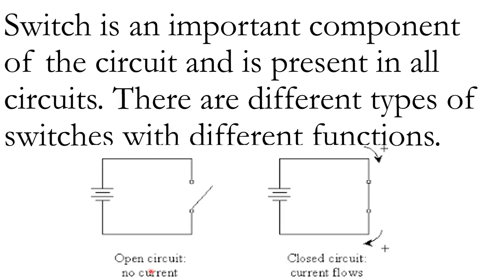One is when the switch is open, hence the current is not flowing in the circuit and it can be called an incomplete circuit. Whereas when the switch is closed, in this circuit, current flows and this can also be referred to as a complete circuit.